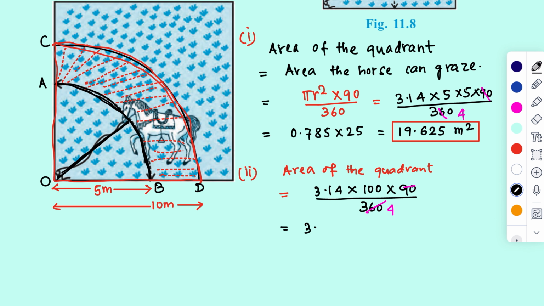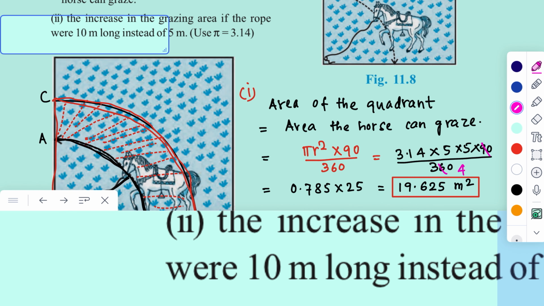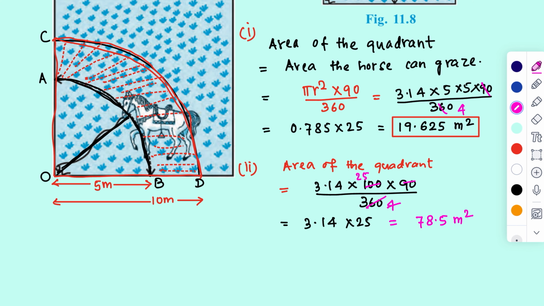So it will be equal to 3.14 into 25, this 100 by 4 will be 25. So this will be equal to 3.14 into 25, that is 78.5 meter square.